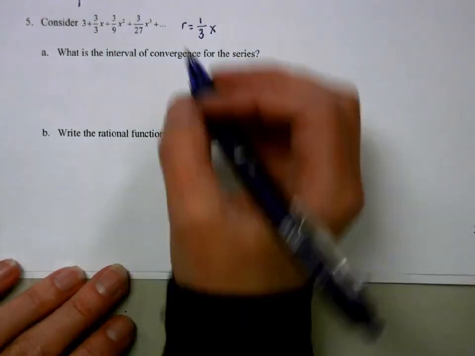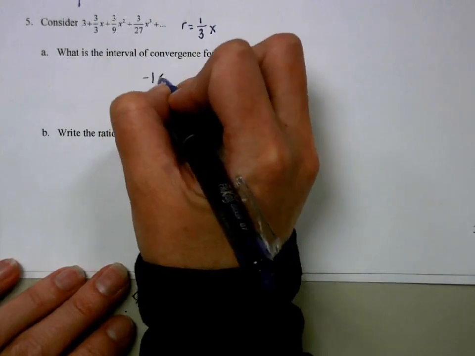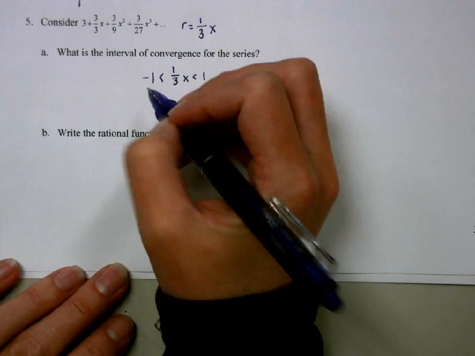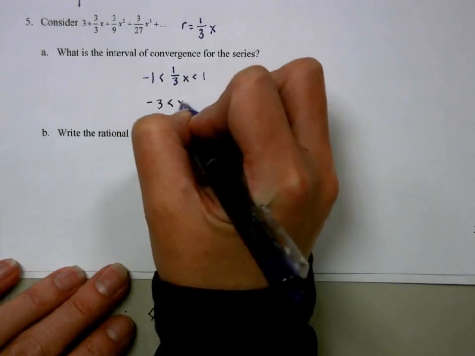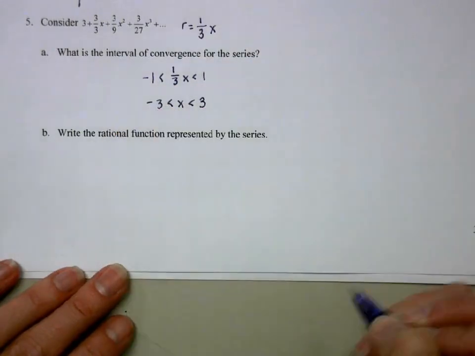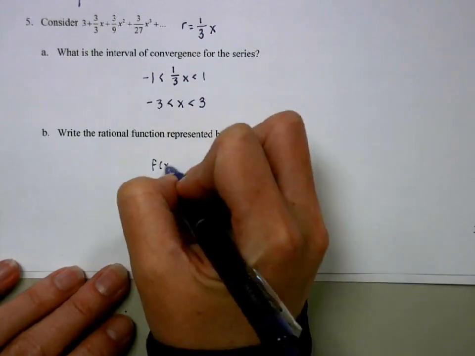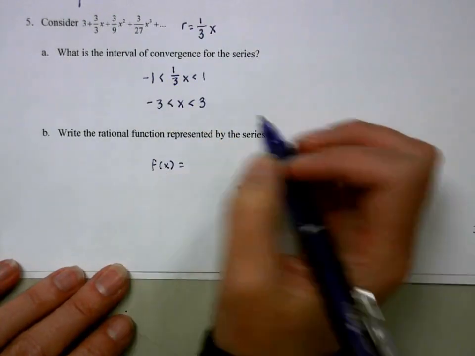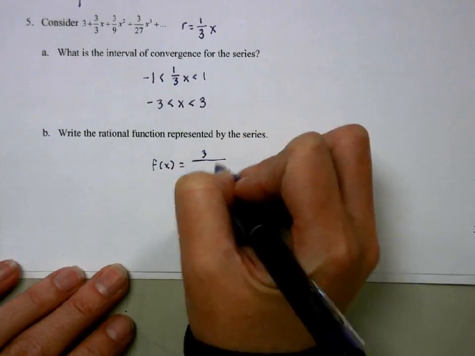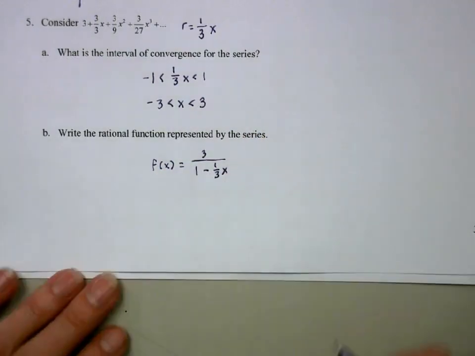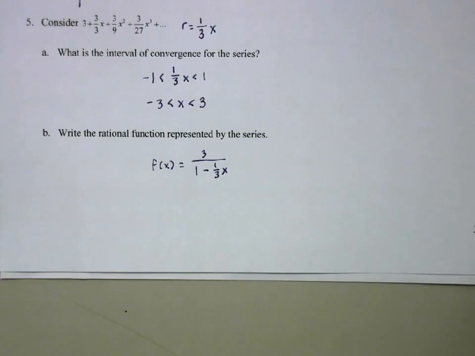So I'm going to take -1, put 1/3 x in the middle here, and then just multiply by 3. So my interval of convergence is -3 to 3. Then the rational function is just a1 over 1 minus r. So a1 is 3, over 1 minus 1/3 x. And you can leave it just like that.